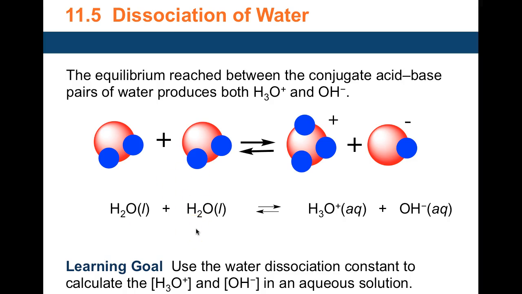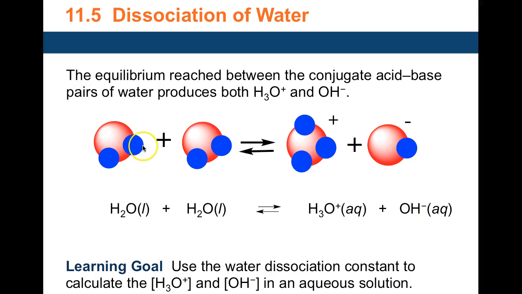In 11.5, we are going to be looking specifically at the self-ionization of water. Water, of course, is neutral. It doesn't really ionize at all. Pure water should be just unionized water molecules, but a very, very small, minuscule amount of water molecules do self-ionize. So one water molecule will donate its proton to the other one, and then that becomes H3O plus. The water molecule that's donated its proton becomes OH minus.